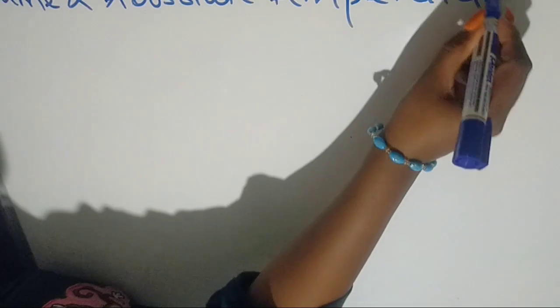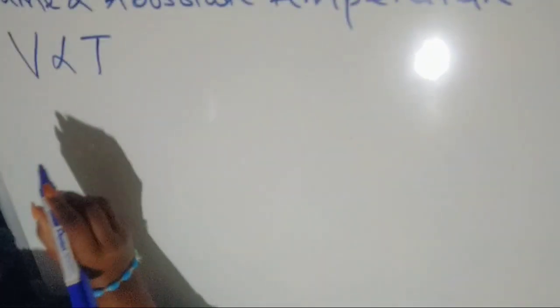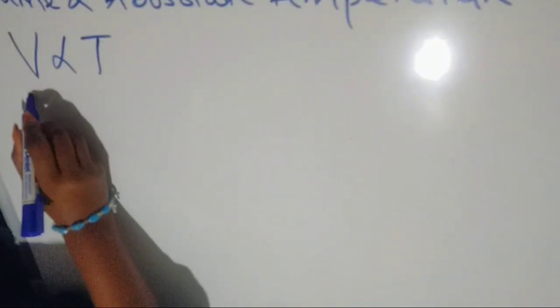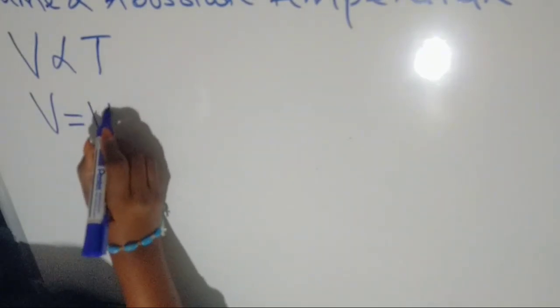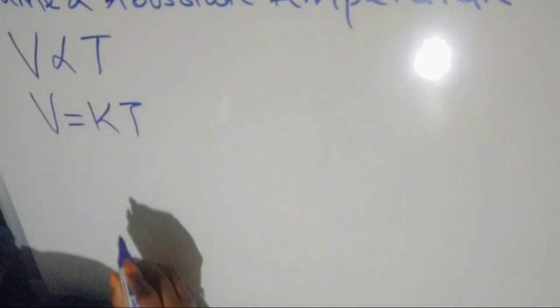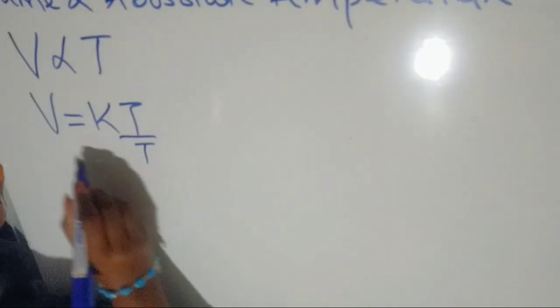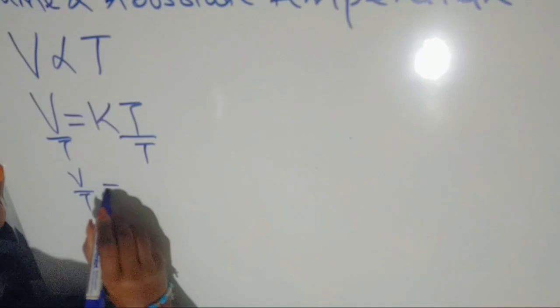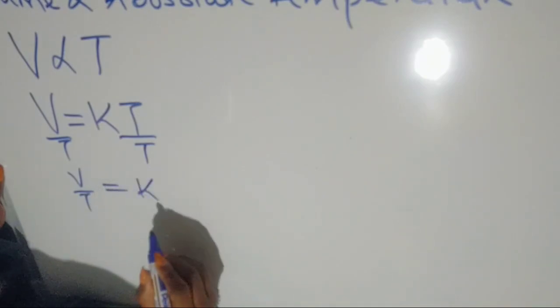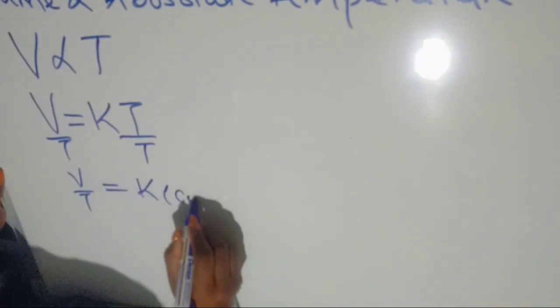We can use the initials V and T, whereby we say volume is directly proportional to temperature. Now we can remove this symbol by equating and then introducing a constant, so that we can say V is equal to KT, so V over T is equal to constant K. So this is a constant.